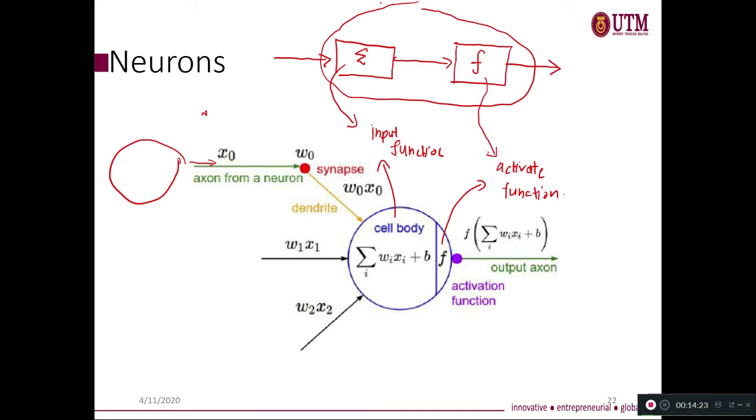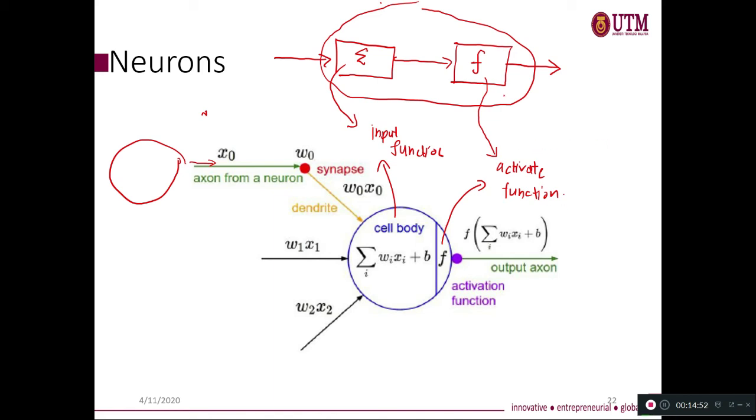So imagine that one single neuron can represent linear regression, logistic regression, the perceptron algorithm, or a linear method for multi-class classification, if you define the activation function in different forms.